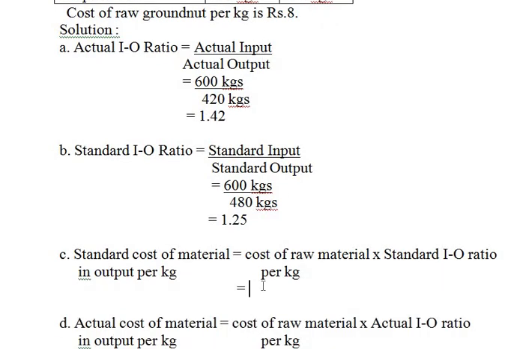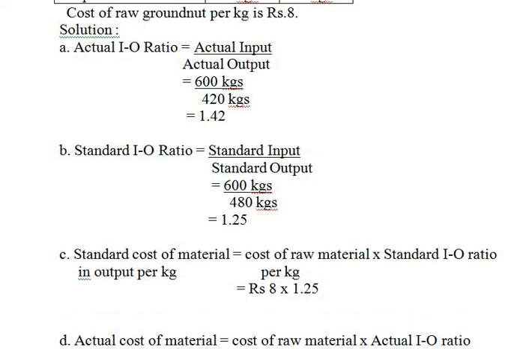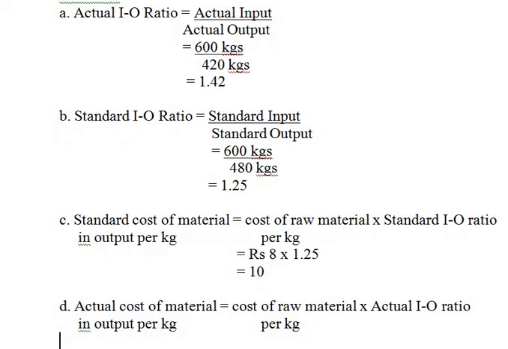So cost of raw material per kg is rupees 8 into standard IO ratio per kg, which is 1.25. Okay, so calculate this. This will be equal to 10.